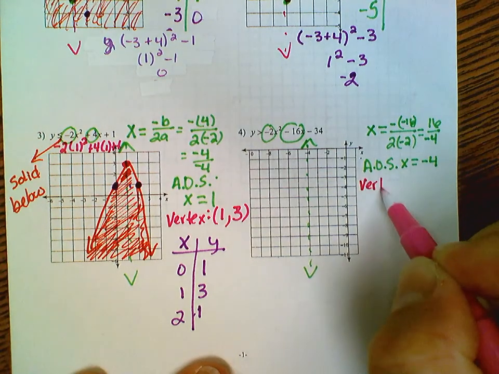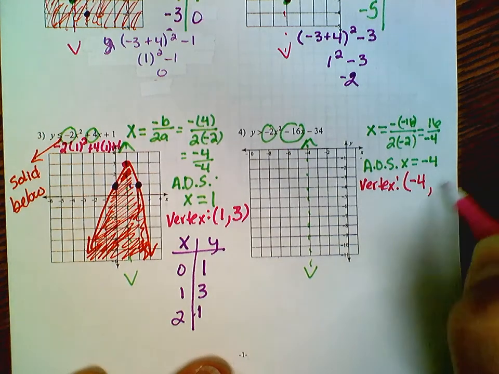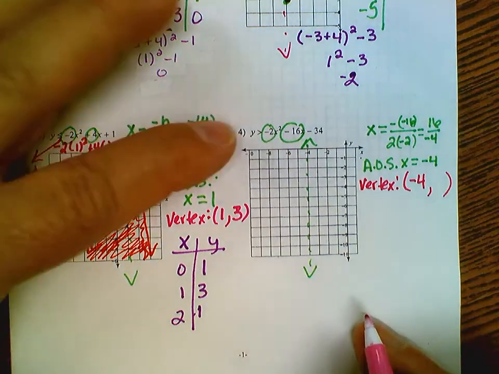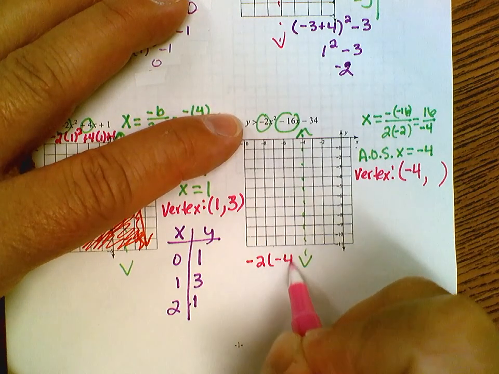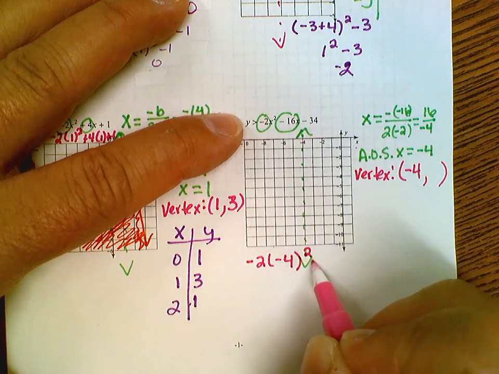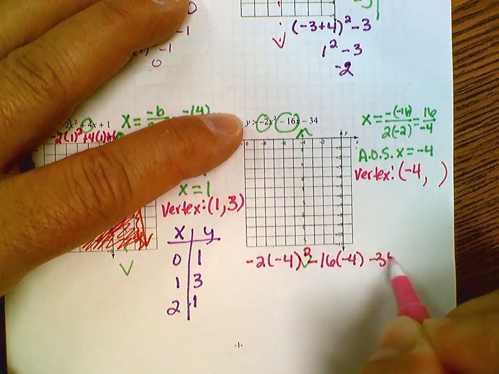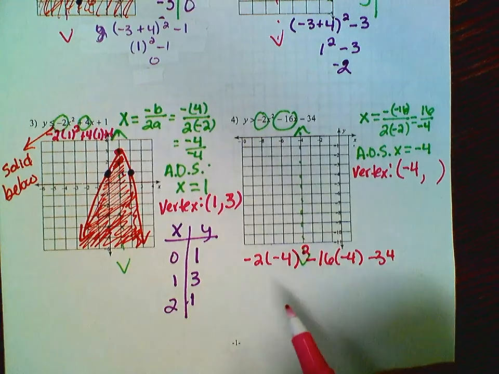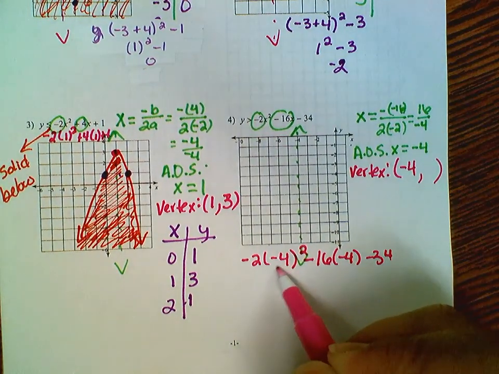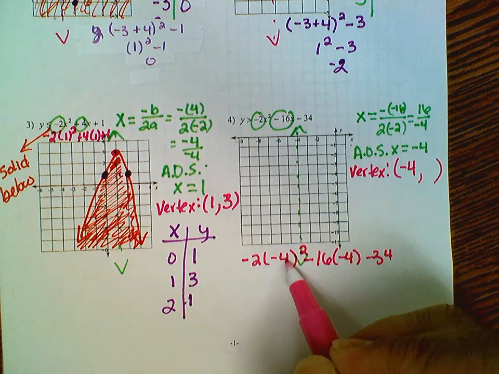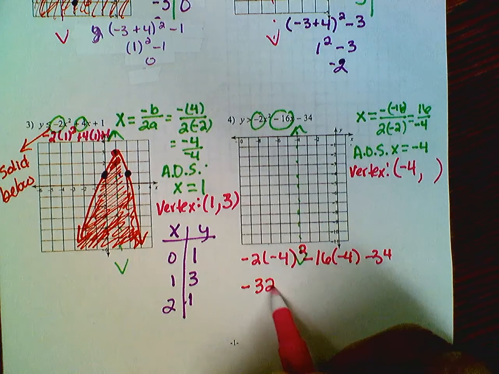And now I can find my vertex using that axis of symmetry. So if I plug negative 4 into this equation, I think I did that right. I have negative 4 times negative 4 is 16, times negative 2 is negative 32.